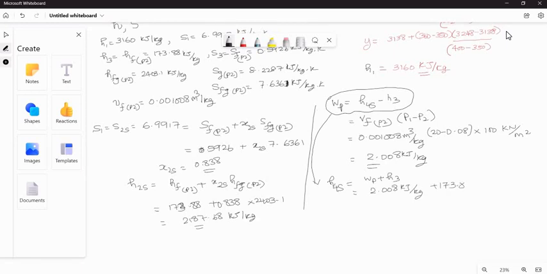This is H3 from the table. Now H4S, now you can see 175 into 89 kilojoule per kilogram, right?